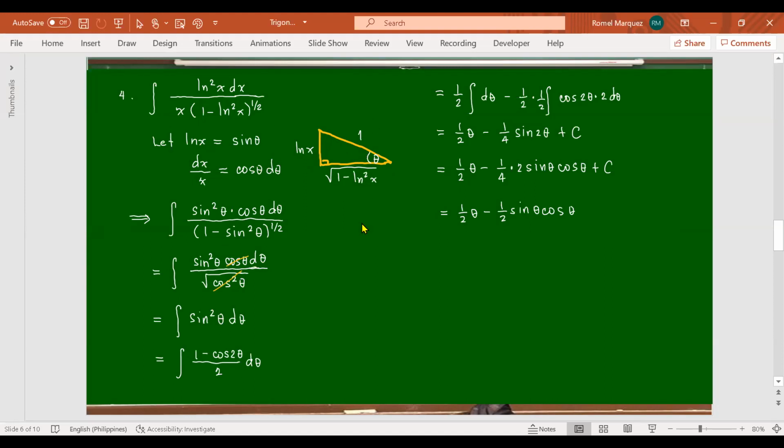Okay? Oh, so let's now express this in terms of ln x. So 1/2. So how do we define theta? So from here, again, what is sine theta, guys? Ln x. So what is theta? Theta is equal to inverse sine of ln x.